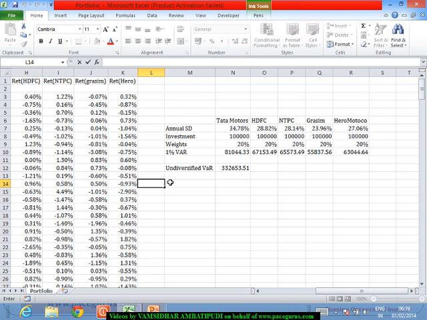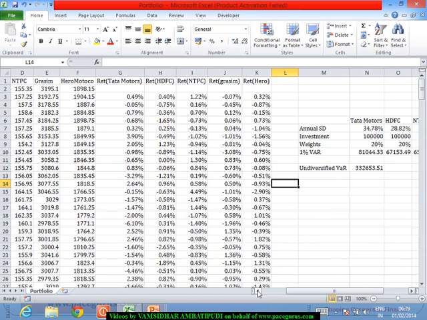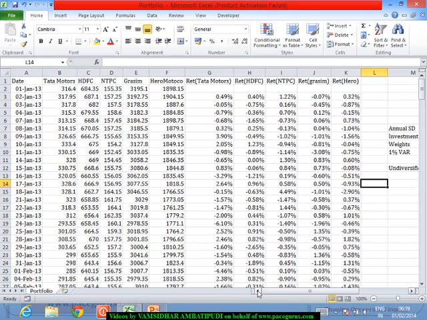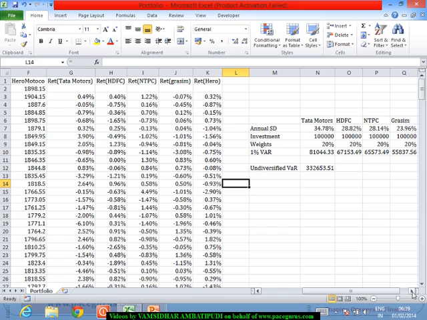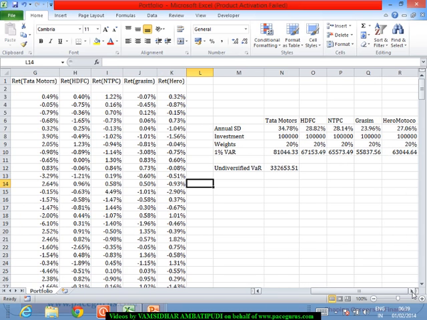But we have to understand that there could be a lot of diversification benefit because of the correlations existing between these various securities. So we can try to find out the correlations between the returns of these various securities, and even try to come out with a portfolio VAR.